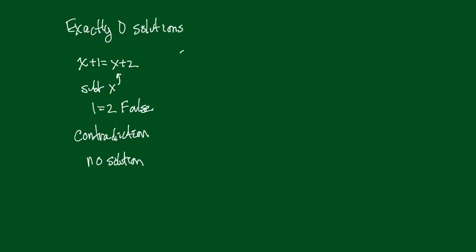Here's another example. Suppose you had 3x plus 7 equals, now let's just make something up here, 3 times the quantity x plus 2 minus, say, 12. Now, it's not obvious right away that this equation has no solutions, but let's work through it and see what we get when we solve it. So we'll get 3x plus 7 equals, now multiply through here, right?